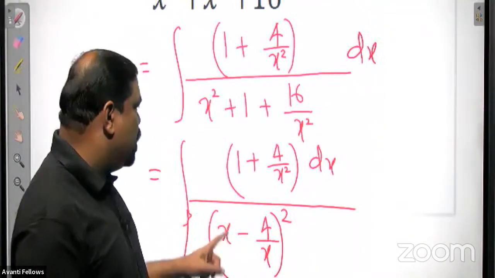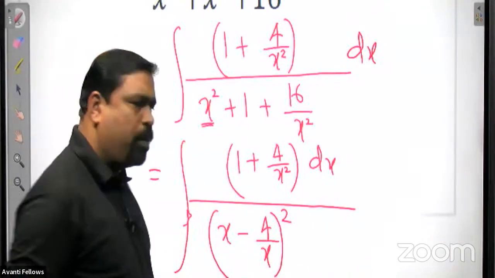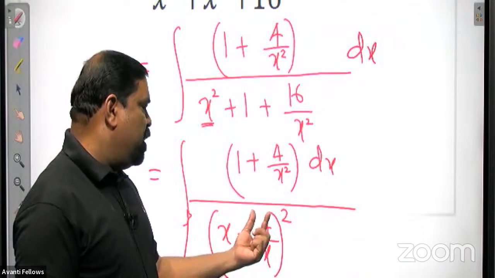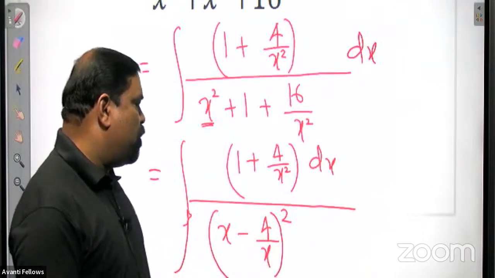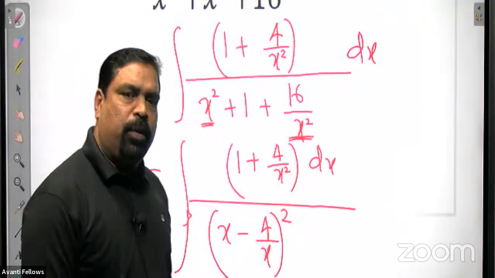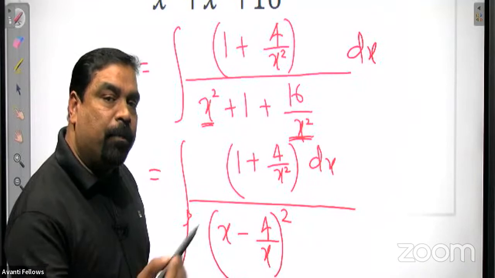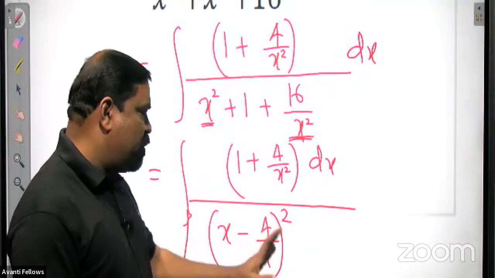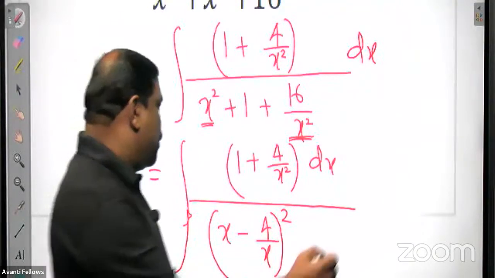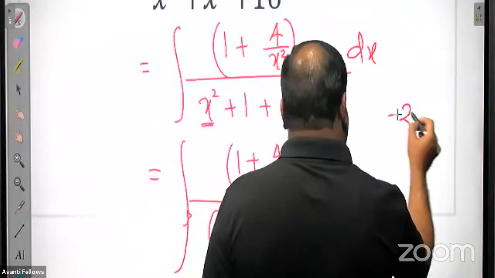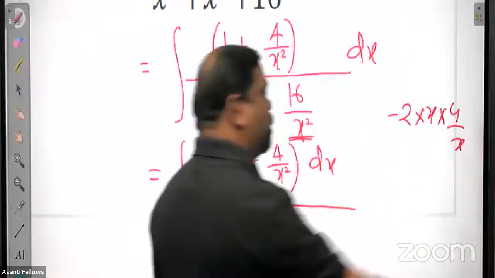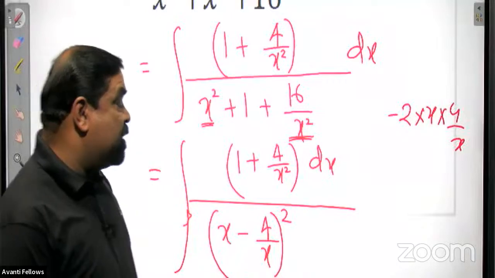x square is here, no problem. Then the b square term means minus 4 by x whole square, which is 16 by x square. That is already there, no change. Then the 2ab term: a square plus b square minus 2ab. What is minus 2ab here? 2 into minus 2 into x into 4 by x, which gives minus 8.